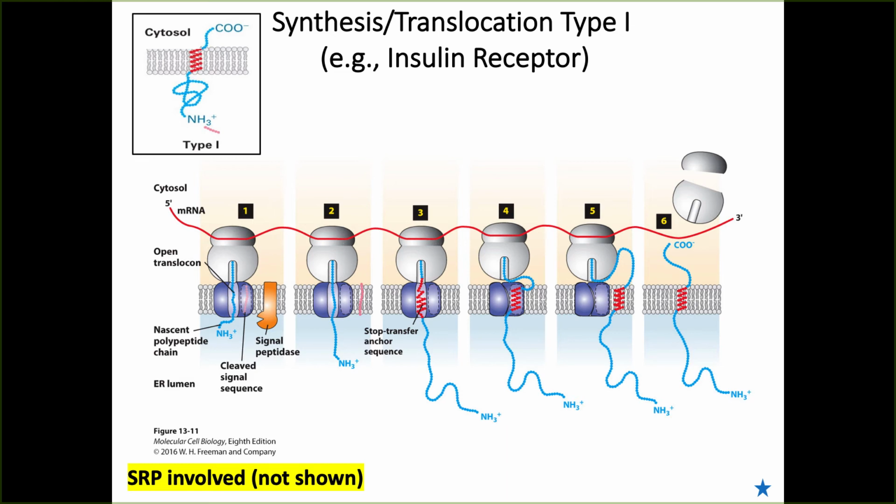This is very similar to the one that we talked about previously. You have a signal sequence, and this signal sequence is cleaved by the signal peptidase, and the protein is translocated as it is being translated. Now there will be a stretch of hydrophobic residues.